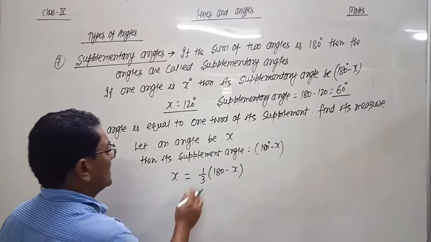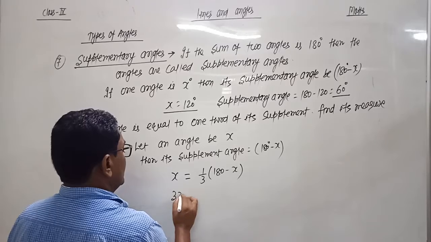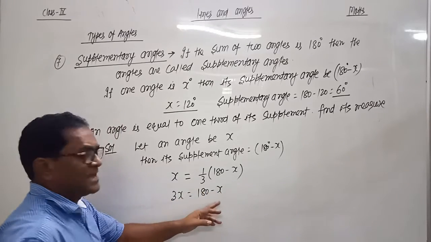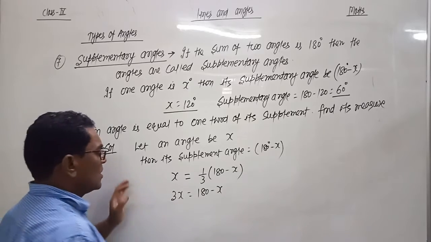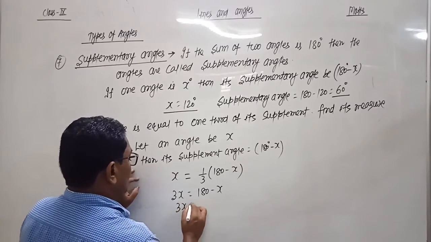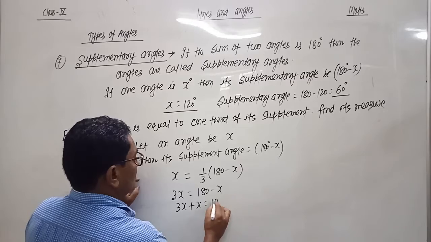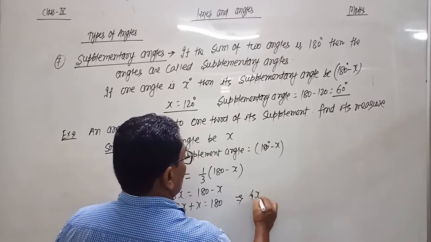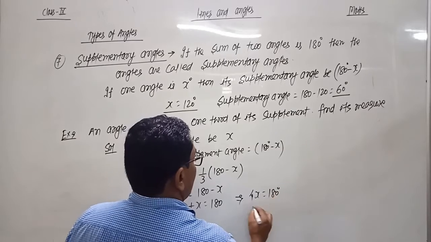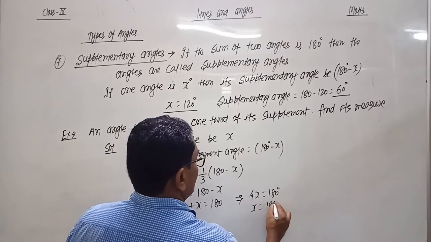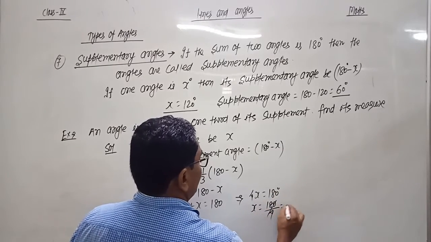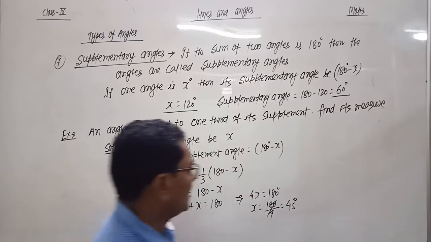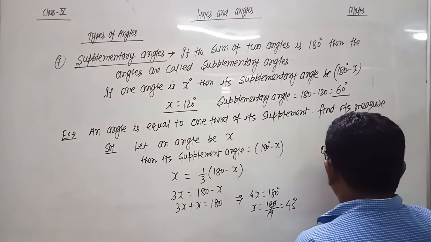Now do cross multiplication. So 3 into x, 3x equals 180 minus x. Minus x will go to the left side and it becomes plus. So 3x plus x equals 180 degrees and 4x equals 180 degrees, and we get the value of x equals 180 by 4, which is 45 degrees. So one angle is 45 degrees.